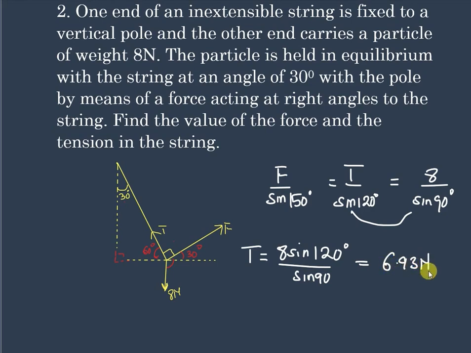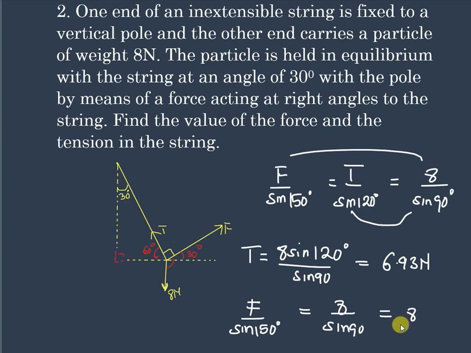6.93 newtons. Then you also equate, since the three are equal, F is also equal to that expression. So we have that F divided by sine of 150 degrees is also equal to 8 over sine of 90, which is equal to just 8.